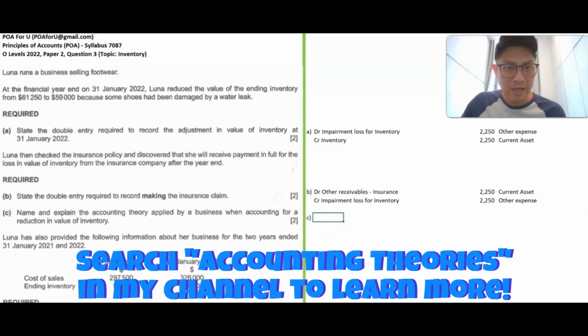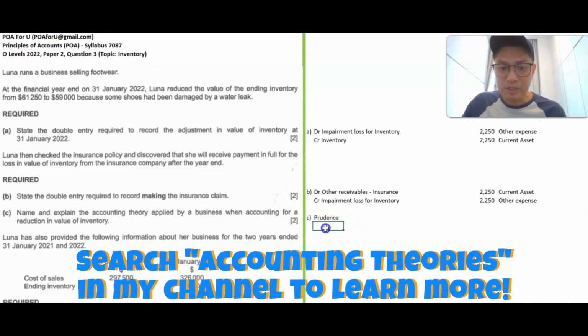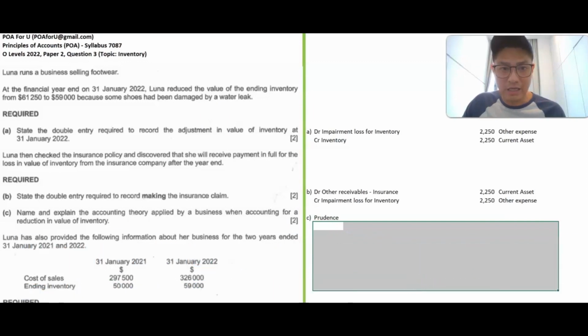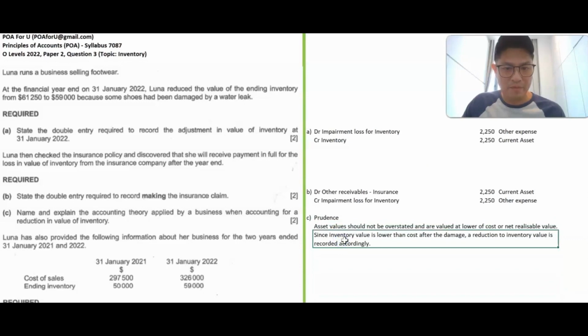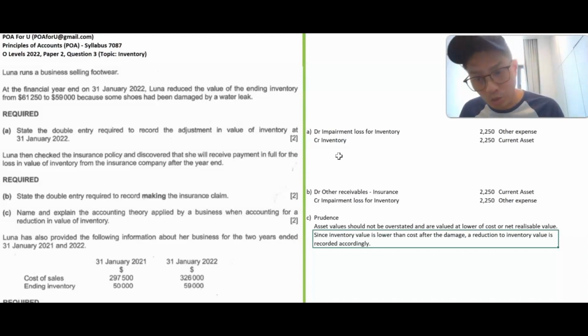But for this, it's prudence. And what does prudence mean in this case? Let's take a look. The asset value should not be overstated. So any asset that you have in the statement of financial position should not be overstated, and it should be valued at cost, which is the cost of what you buy, or the net realizable value, whichever is lower.